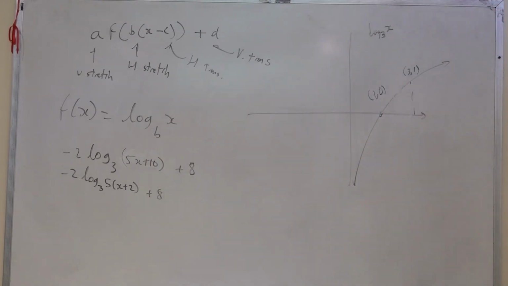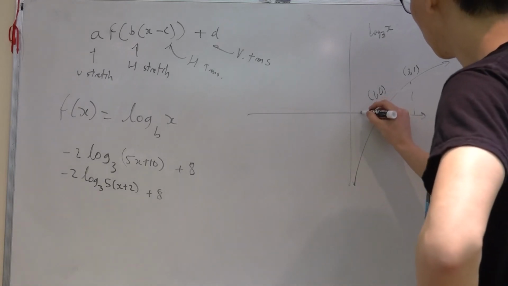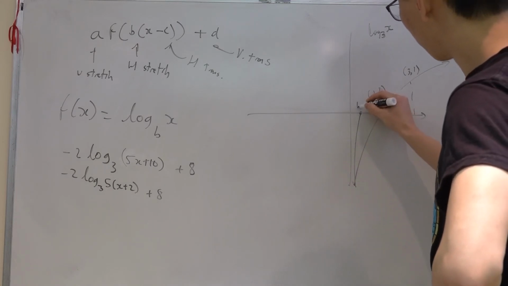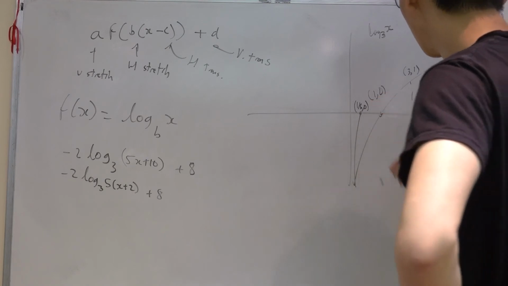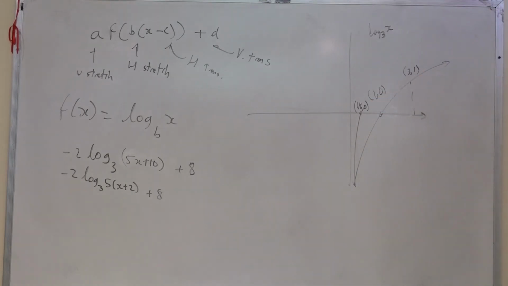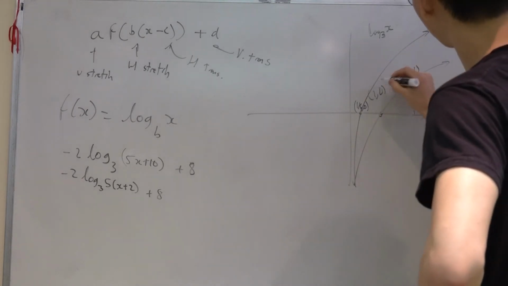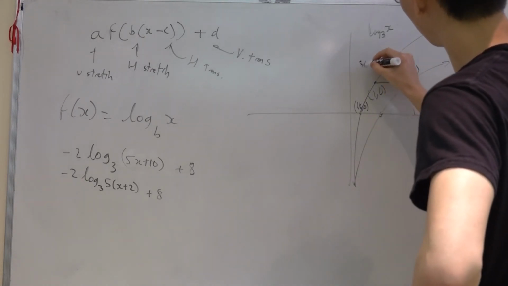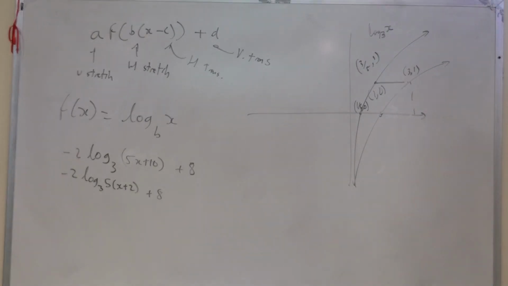I'll do the horizontal stretching first. So if you squish everything by 1/5, this point (1, 0) gets sent to (1/5, 0). And this point here is going to get squished horizontally, so it's going to get moved here to (3/5, 1). Okay? 2 points right there.